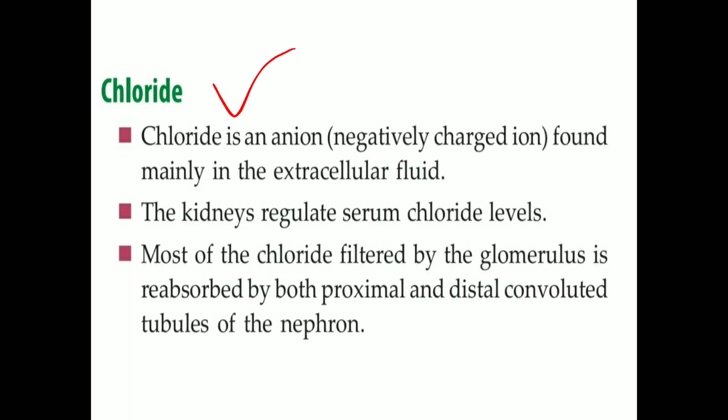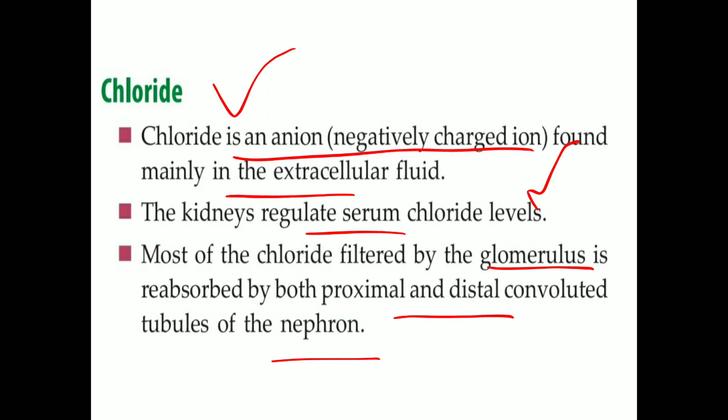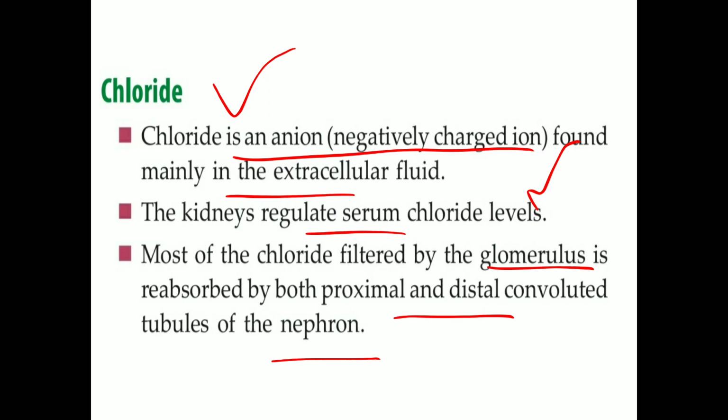And chloride is an anion, a negatively charged ion found mainly in the extracellular fluid, and kidneys are responsible for regulating the chloride levels in the body. Most of the chloride is filtered by the glomerulus in the nephron of the kidney and reabsorbed by the kidney tubules, and thus it maintains the chloride levels in the body.